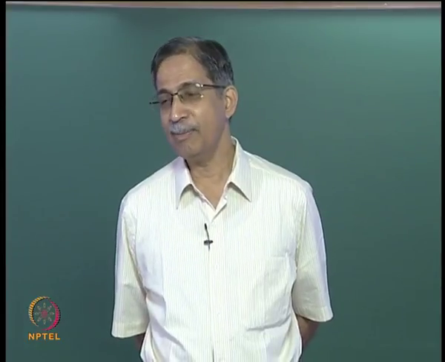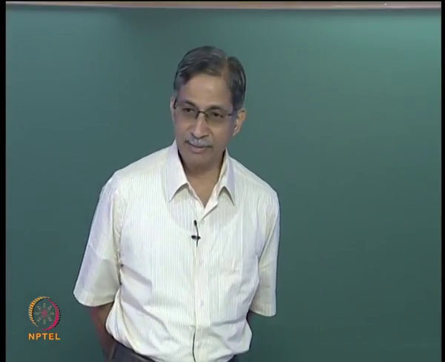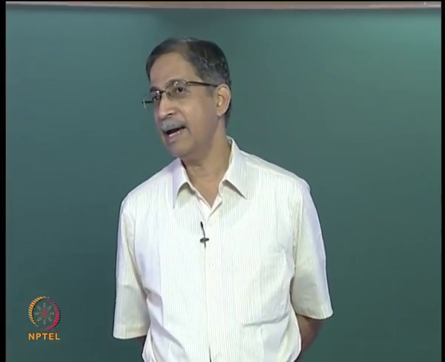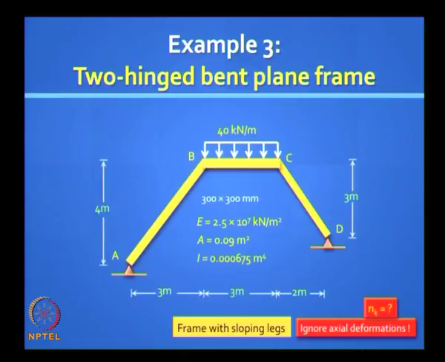But we've done this problem by the conventional stiffness method. There the degree of kinematic indeterminacy was at B and C you had each 3 degrees of freedom, 3 plus 3. You also had a rotation at A and D, it was 8. So we are reducing 8 to 3, but we are ignoring axial deformations.